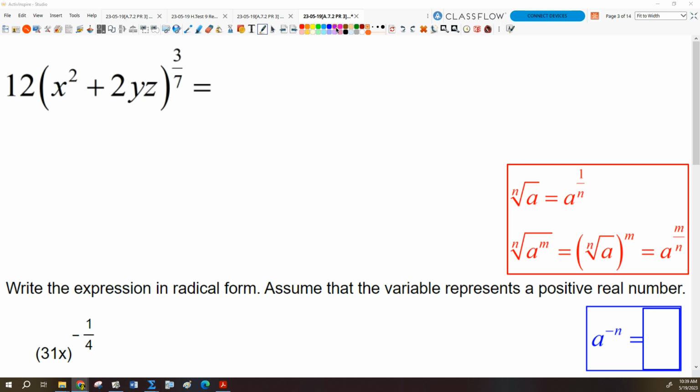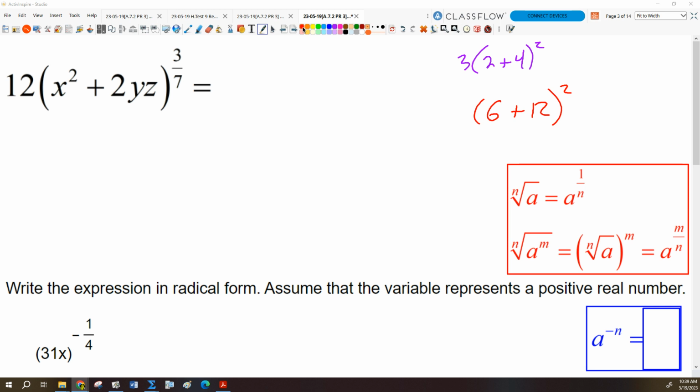Like, what if I wanted to do something like 3 times the quantity 2 plus 4 squared? So you're saying I could distribute the 3, right? That's what you're suggesting. I can distribute over a quantity when I've got an exponent. Okay, so what would that give me then? That would give me 6 plus 12 squared.